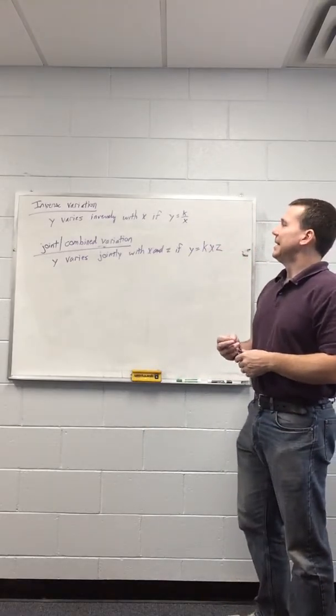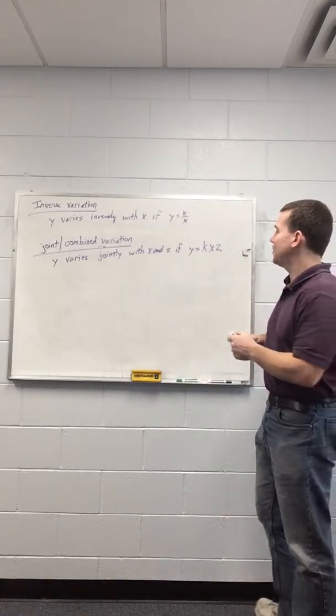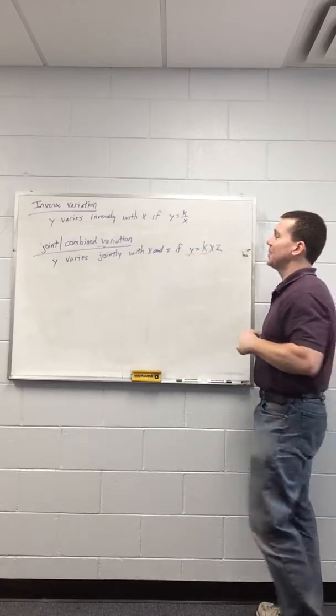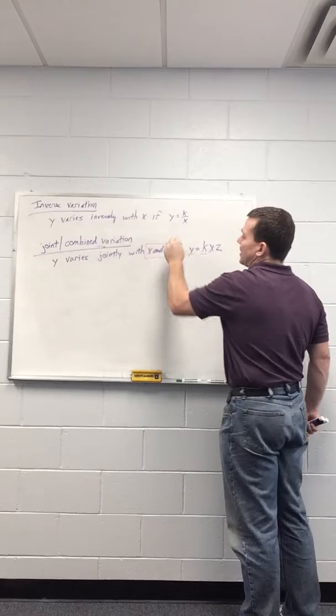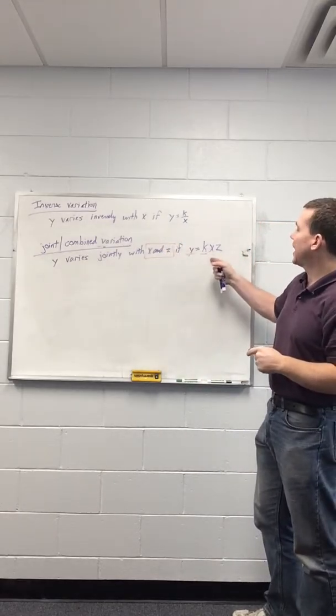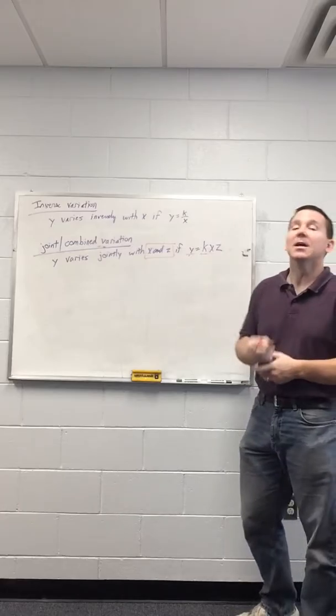And again, it's the exact same as the other variations we've done. We have my y, we have my constant k. The only difference here is now I'm varying with different quantities, and they just get multiplied. Before we had y equals kx, now it's y equals kxz.